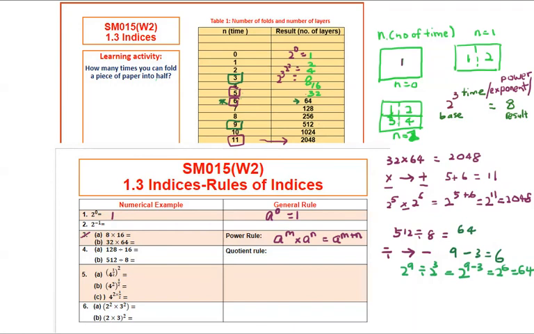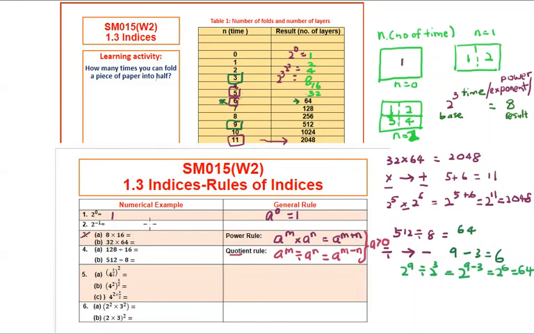From there, we obtain another property called the quotient rule. a raised to power m divided by a raised to power n is equal to a raised to power m minus n. These two rules only apply for a greater than 0.